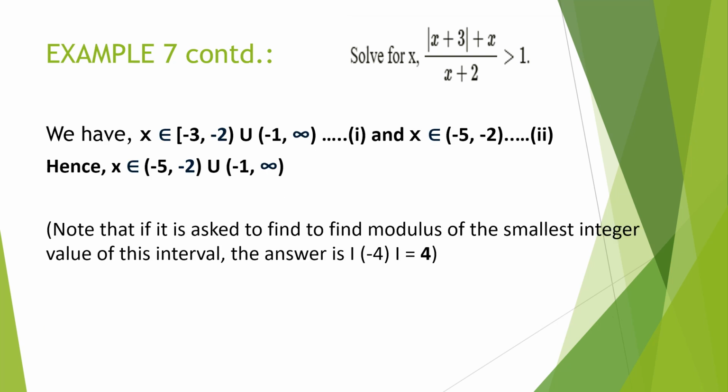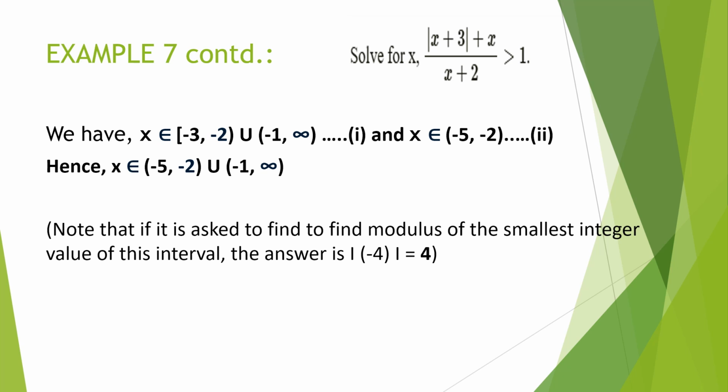So ultimately, the solution for this inequality can be written as x belongs to [−3, −2) union (−1, ∞) from the first case, and x belongs to (−5, −2) from the second case. So when you combine both the cases, x belongs to (−5, −2) union (−1, ∞).